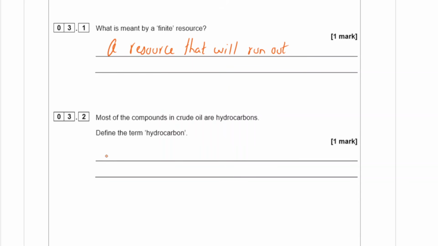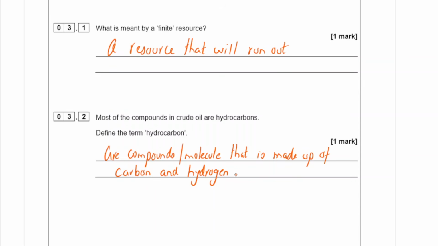A hydrocarbon is a compound, or you could say molecule, that is made up of carbon and hydrogen atoms only. Hence the name hydrocarbon. Hydro refers to the hydrogen and the carbon.